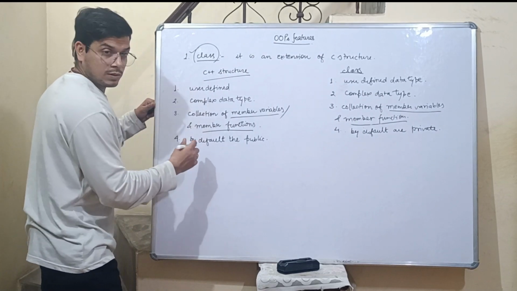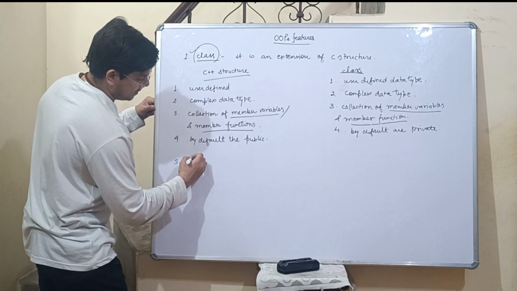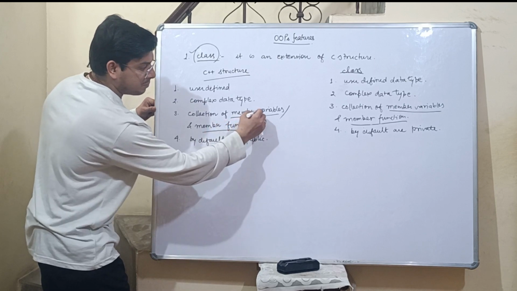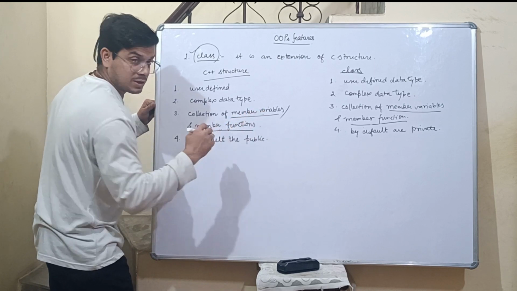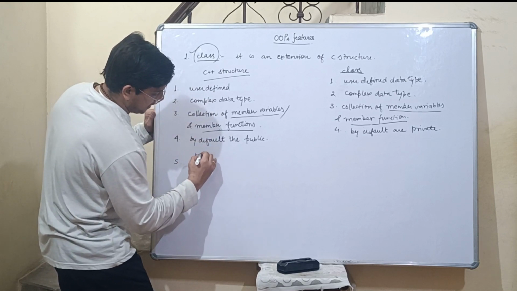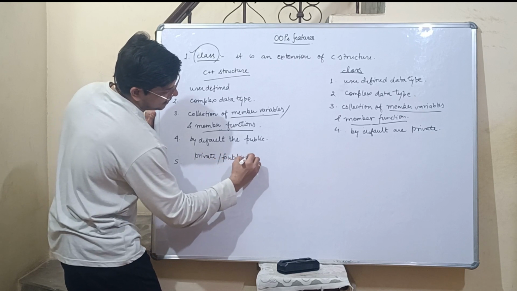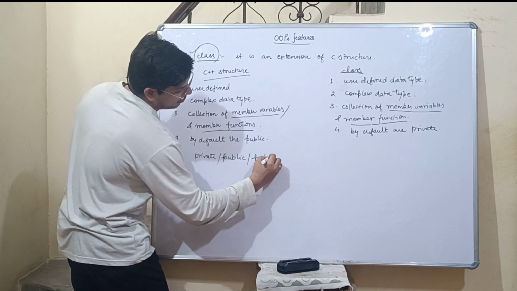Okay. Number 5, these member variables and functions can be declared as private, public and protected.